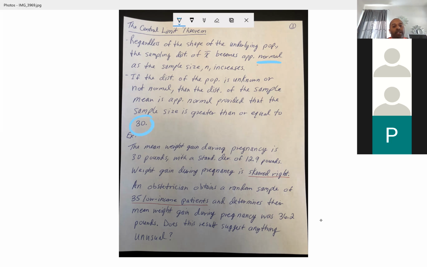So we're going to need our sample size to be greater than or equal to 30 if our population is not normal. Remember, a normal distribution has the bell-shaped curve. We need an approximately normal distribution.